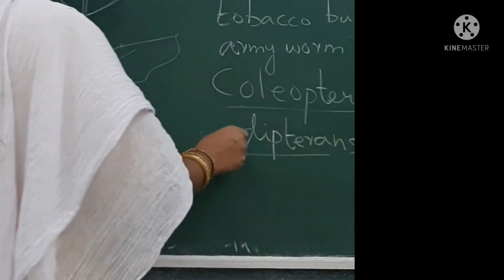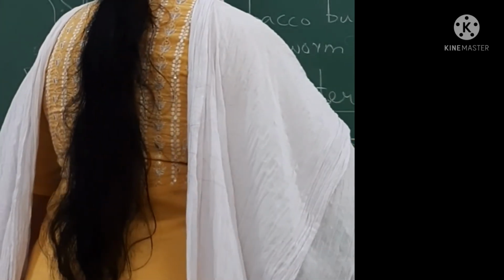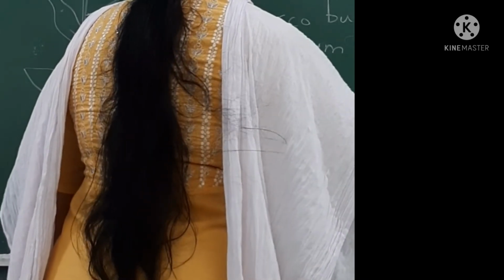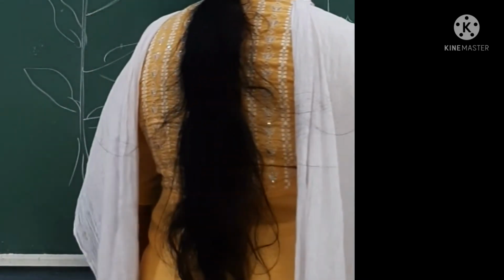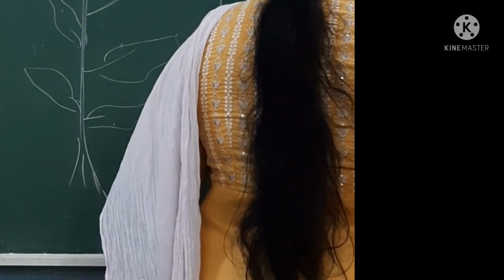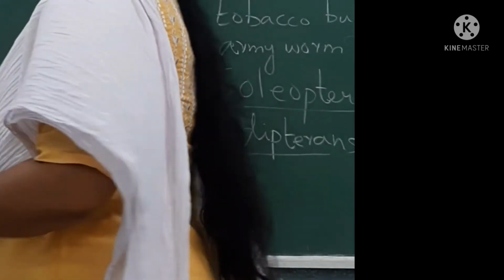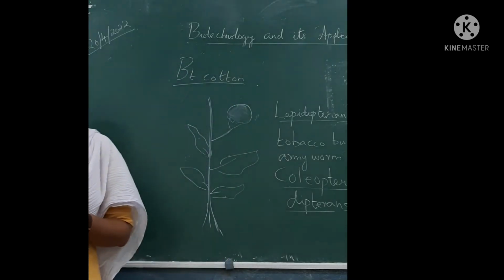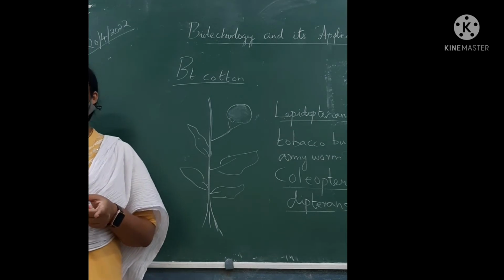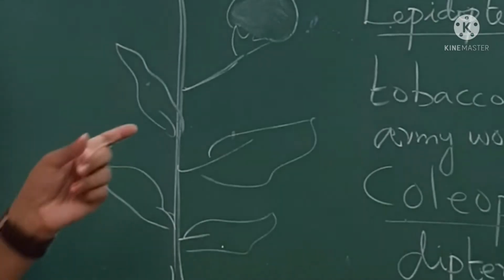Dipterans means it belongs to the Diptera order. Flies and some mosquitoes will come. They all harm the plant, but based on what is harming the plant, they create genetic engineering in the plant.